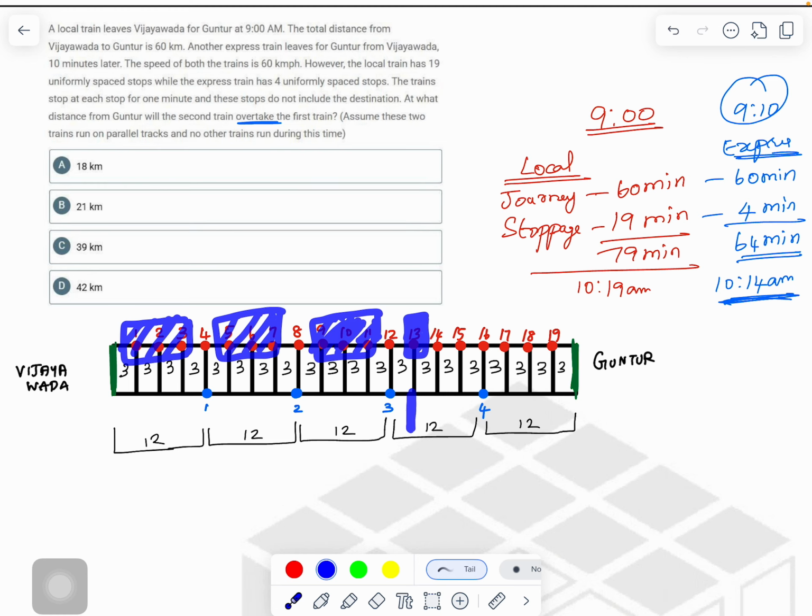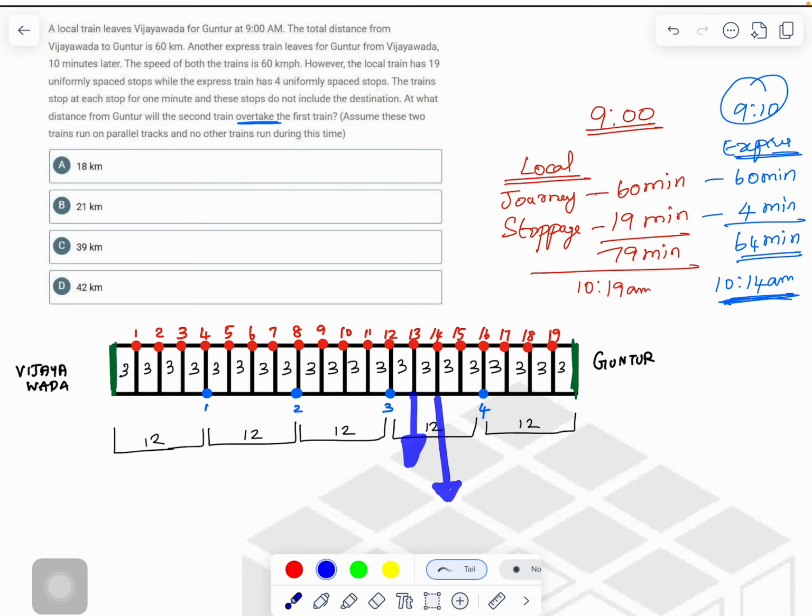So by the time the express train reaches here, it has the same time as the local train. Right now it is tempting to say that this is the spot where the express train will overtake the local train. But let me remind you, the question asked is when will it overtake, and not when will they meet. So this is the spot where the local train and the express train are going side by side.